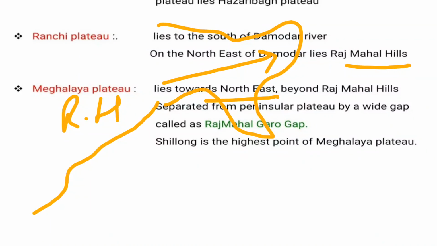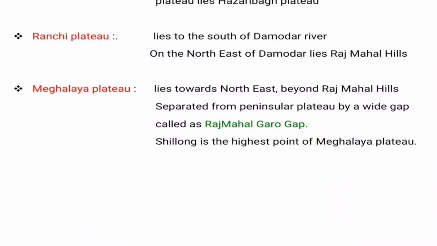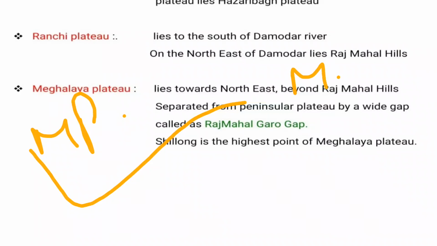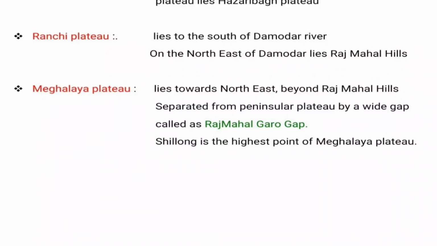In the northeastern part there lies the Meghalaya Plateau, so we can say that the Meghalaya Plateau lies beyond the Rajmahal Hills, fine. Then this plateau is separated from the rest of India.